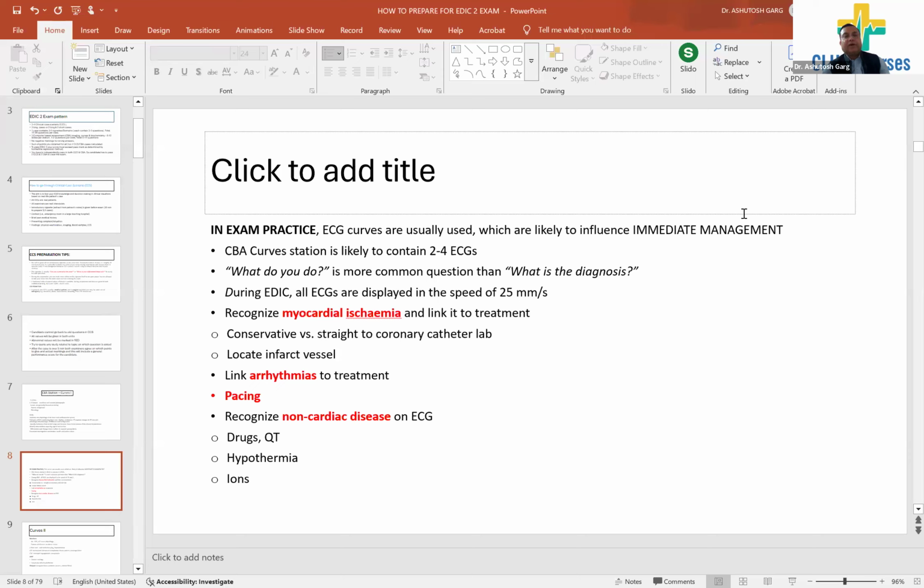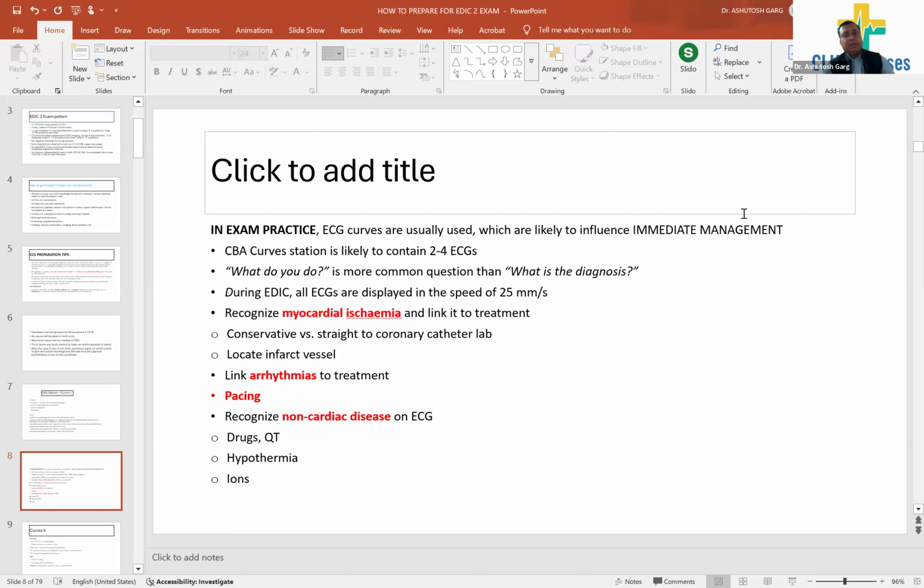So during EDIC, all ECGs are displayed at a speed of 25 millimeter per second. Recognize myocardial ischemia and link it to the treatment: conservative versus straight to coronary cath lab. Locate infarct vessels. Link arrhythmias to the treatment, pacing. Recognize non-cardiac disease on ECG like drugs, QT prolongation, hypothermia, or some electrolytes.